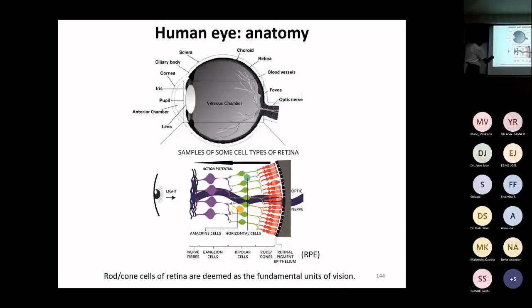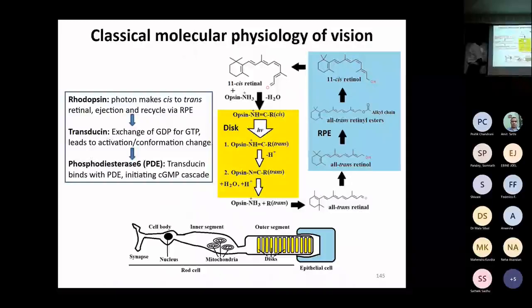If you see the structure, the nerves have to go out through this basic opening. So this is the architecture of the eye. You got the fundamental classical pathway, the structure of the rod cell, the cycle, and the overall signal transduction cascade.